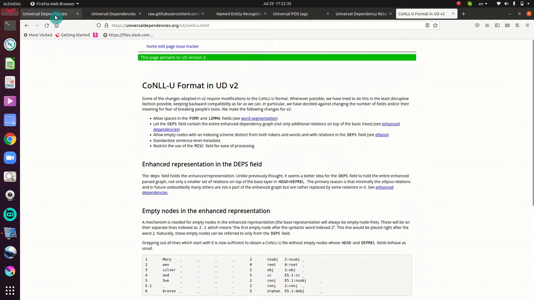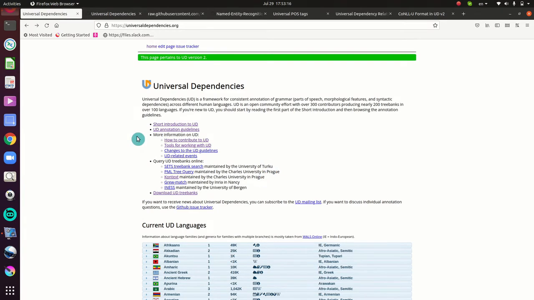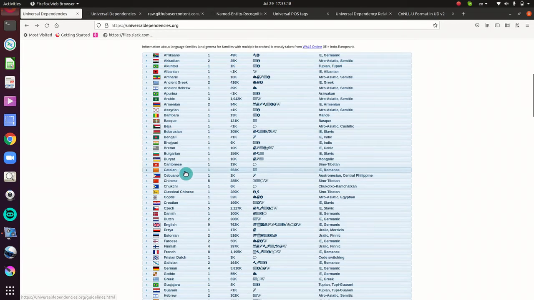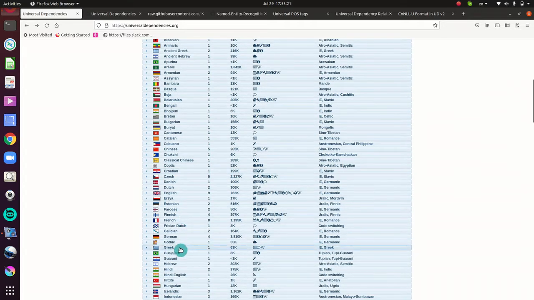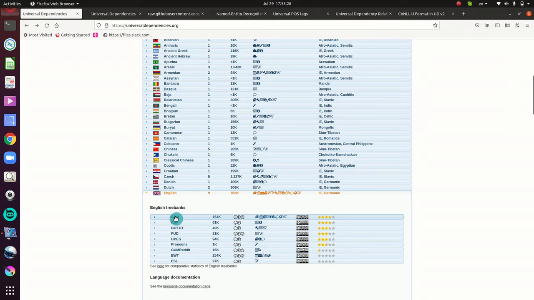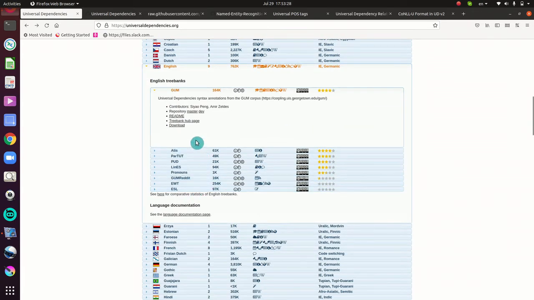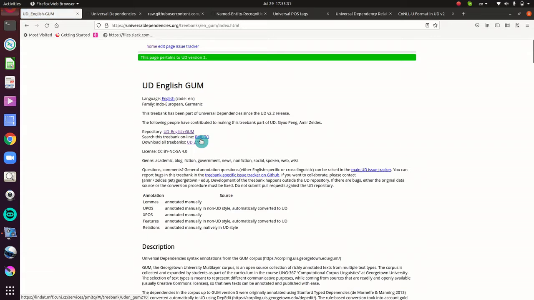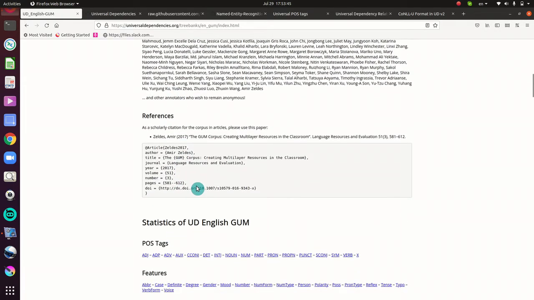Okay, let's go back to UD. Now we can continue with treebank metadata. Let's find English and let's pick GUM again. Here is GUM. I will navigate to its treebank page. This is the UD page for GUM. We see the GitHub link here, the repository to find the real data, some features included in this treebank, some metadata such as who contributed to this treebank.